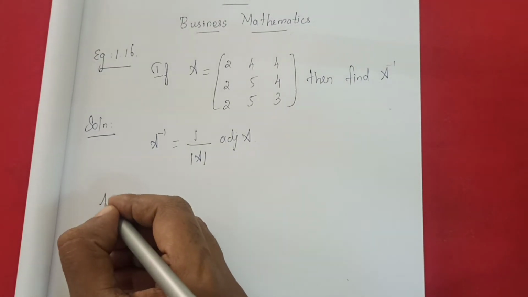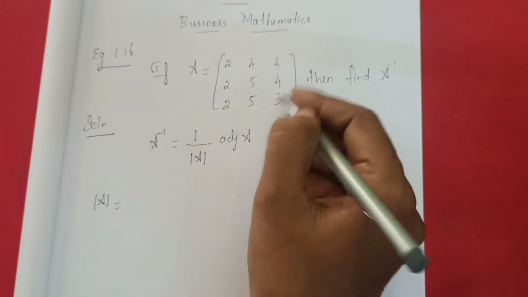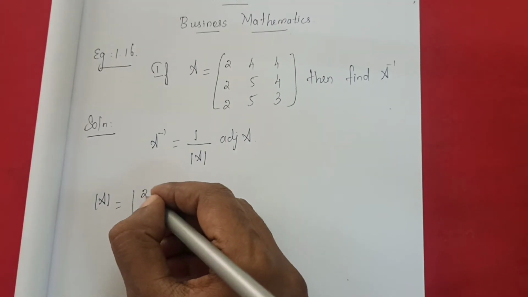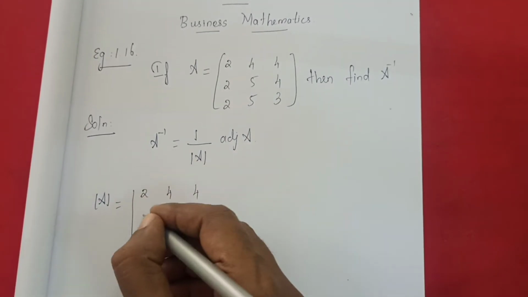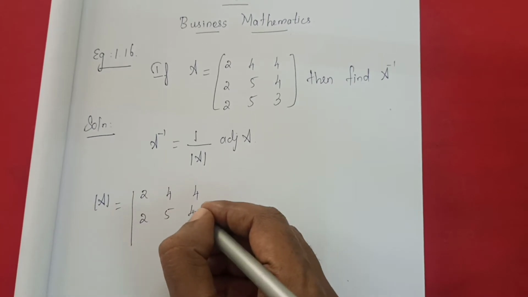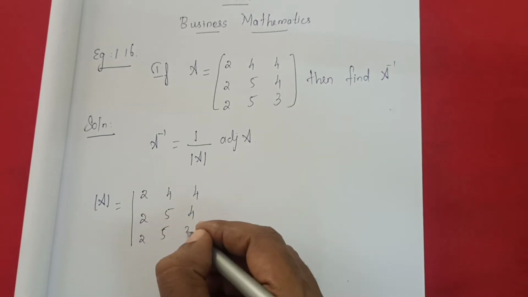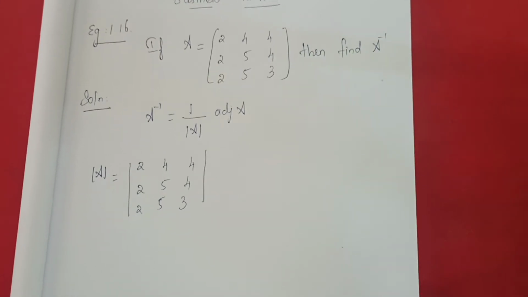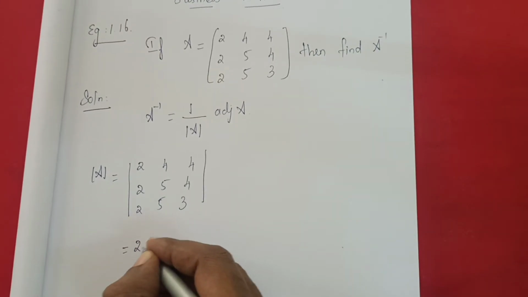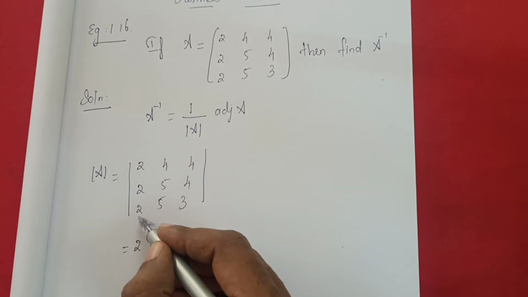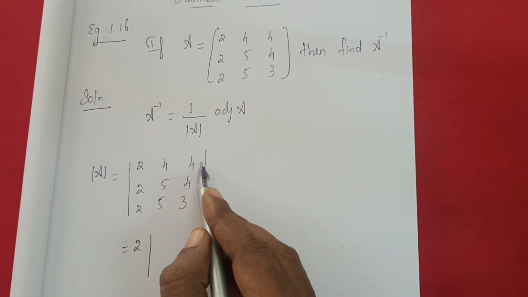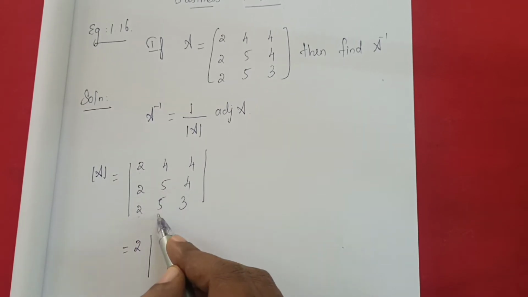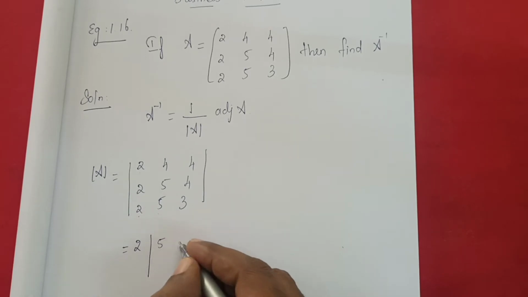Determinant of A is the determinant of this matrix, 2, 4, 4, 2, 5, 4, 2, 5, 3. We are going to find the determinant of this 3 by 3 matrix. That's equal to 2 into, this particular column and this particular row will get cancelled, so 5, 4, 5, 3.